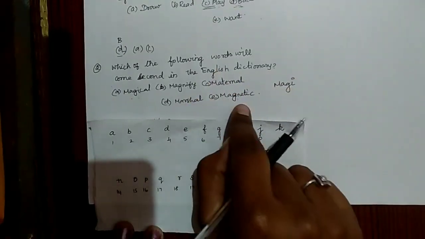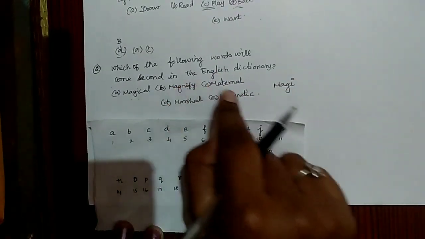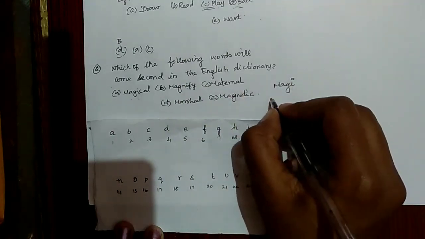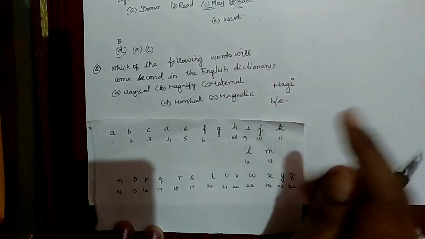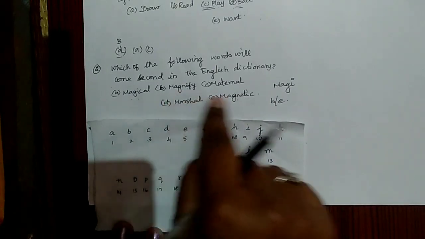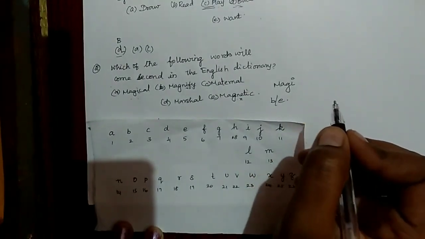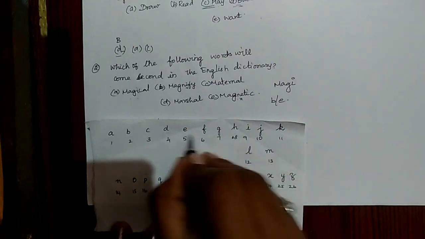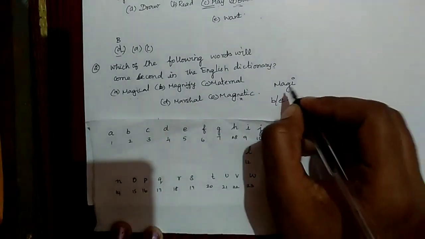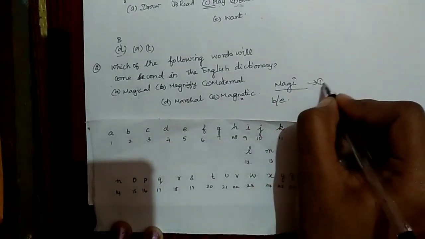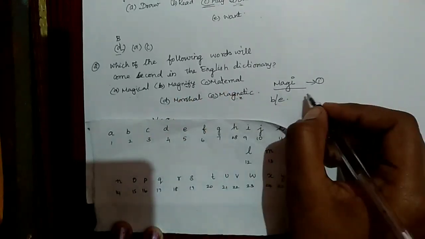So we'll get the second letter as either B or E, right? We have to check with the B or E option. So while checking with this, going with the fifth word, this has I and this has E. So which will be the correct option? E will be first and I will be second. So magical is the first word, and the second word will be magnetic.